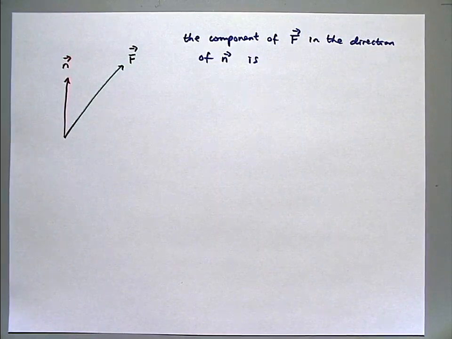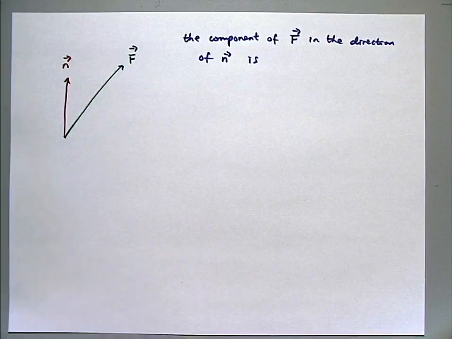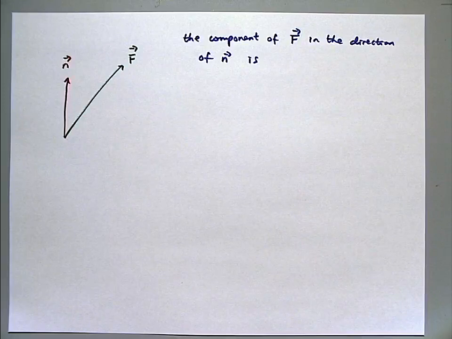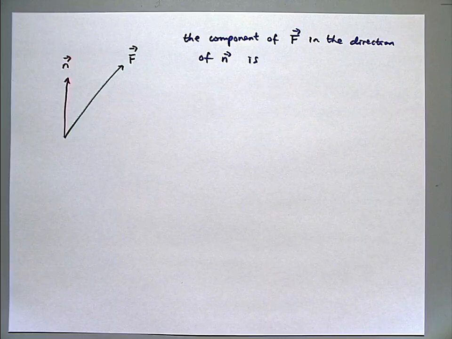You got two vectors. You want to know how much of this green vector is in the direction of N, the red one. It's a projection. So how do you do a projection? How about a dot product?